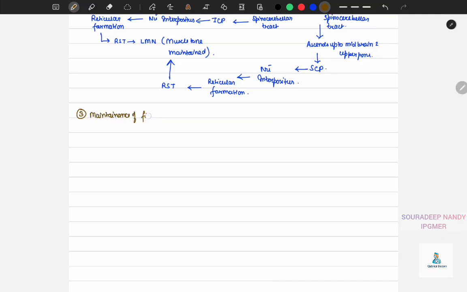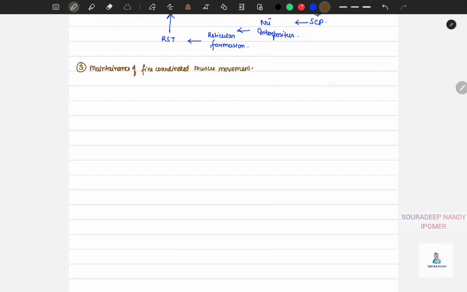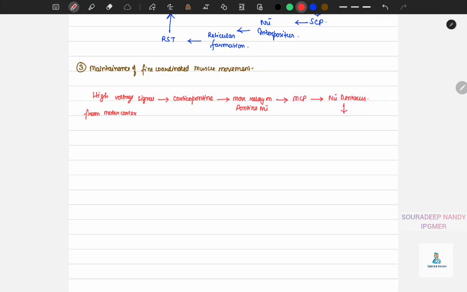Next, maintenance of fine coordinated muscle movement. So for that, high voltage signal from the motor cortex, corticopontine fiber makes relay on the pontine nucleus. From that, middle cerebellar peduncle, nucleus denticus, modulation of signal.